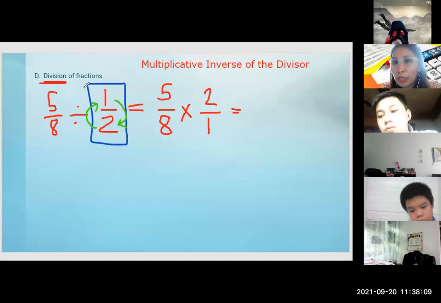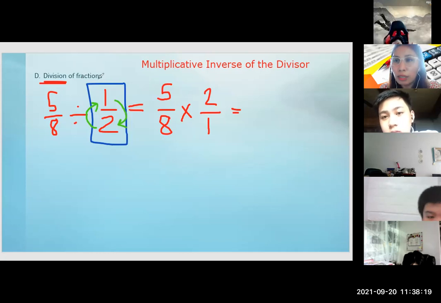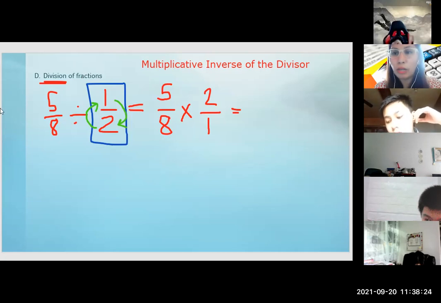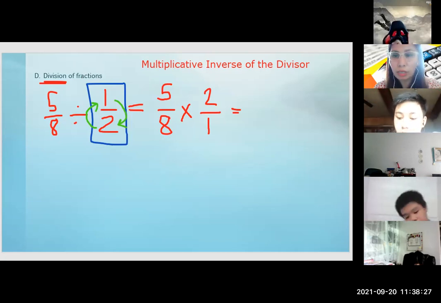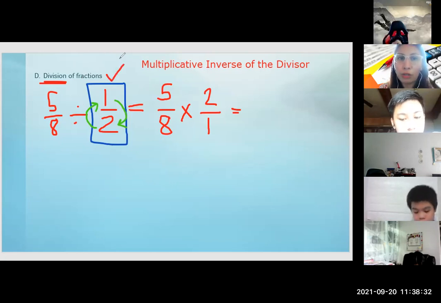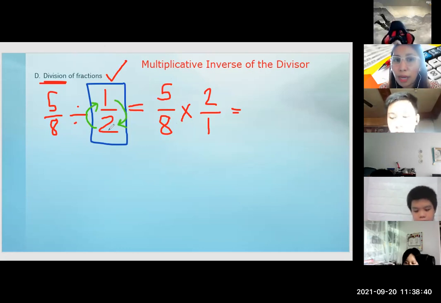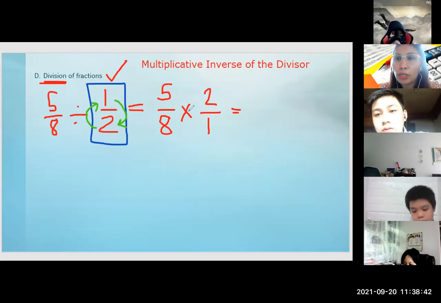If the given operation is division, you need to invert the divisor first. You need to invert or reverse. This is it. 5/8 divided by 1/2 becomes 5/8 times 2/1.